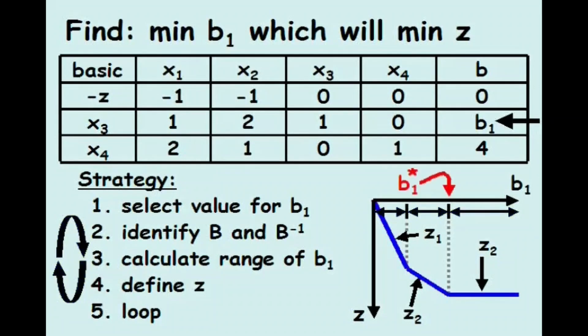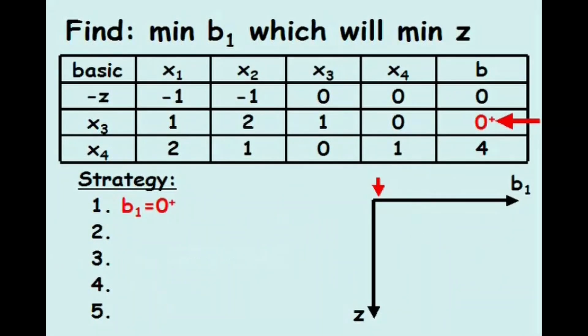Then we can identify the minimum value of b1 which minimizes z, b star. From the first constraint, we identified the minimum value of b1 is 0. Then for step 1, we'll select b1 to be slightly greater than 0, denoted as 0 plus.